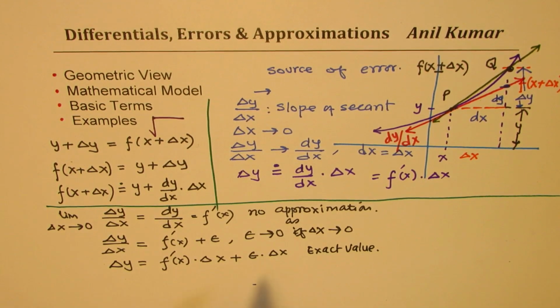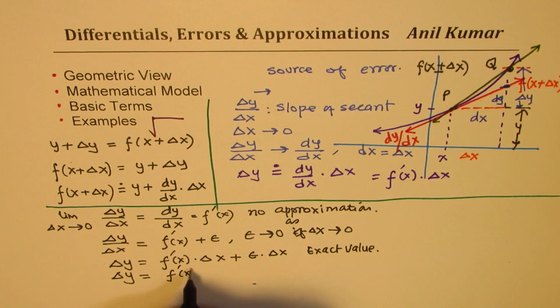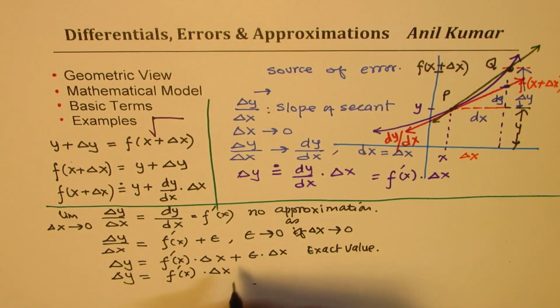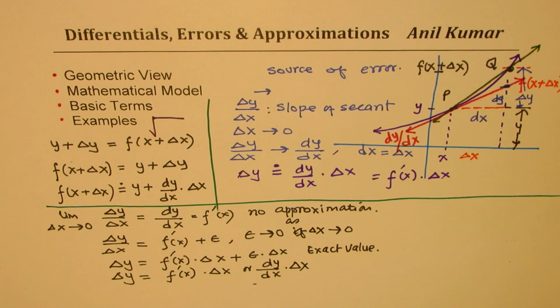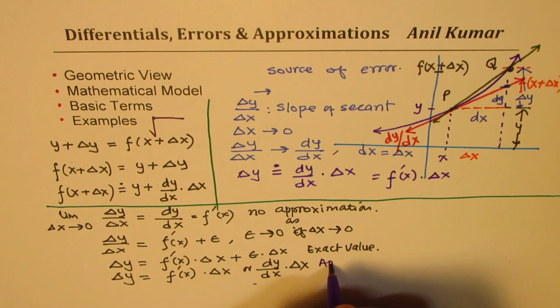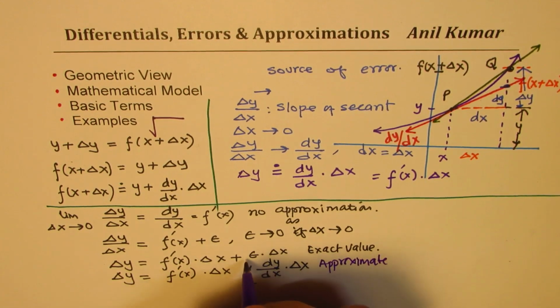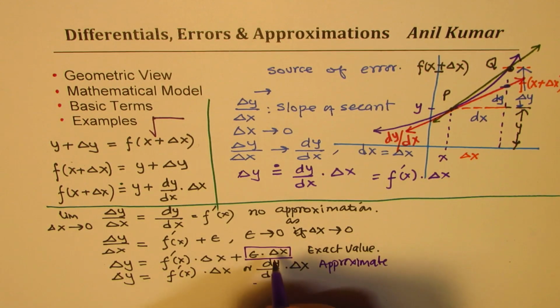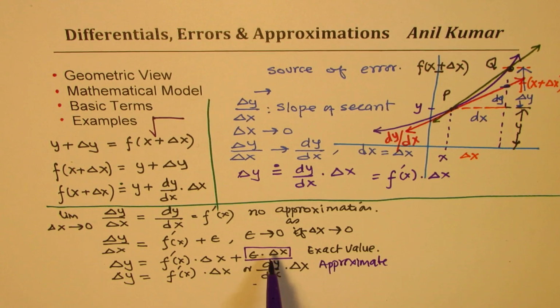Perfect. However, the approximate value is, we just forget about this error, right? So we can write delta y equals f dash x or dy dx times delta x, right? So this is the approximate value, since we forgot this, or we excluded it, because this is very, very small.